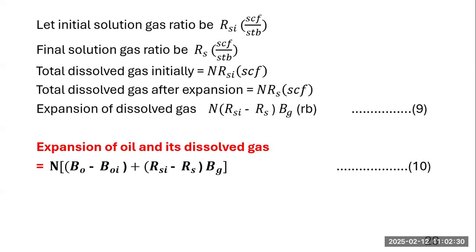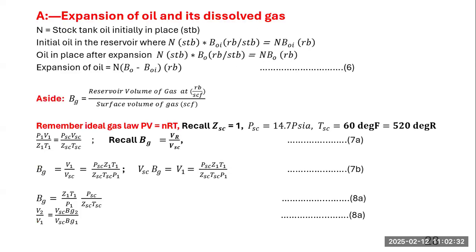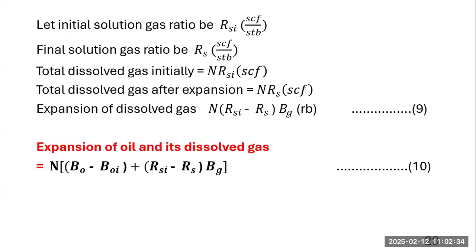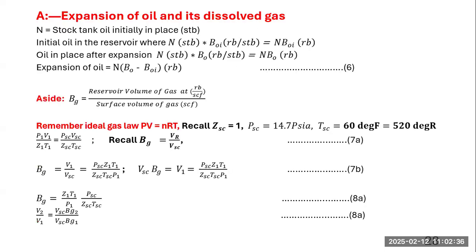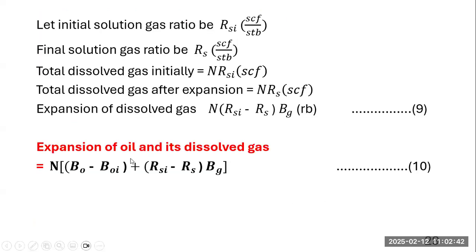So that is adding equation 6 and equation 9. Equation 6, where you have N BO minus BOI, that's the expansion of your oil, and the expansion of your gas, N RSI minus RS BG. Okay, so you have it here. This is the expansion of oil and its dissolved gas.